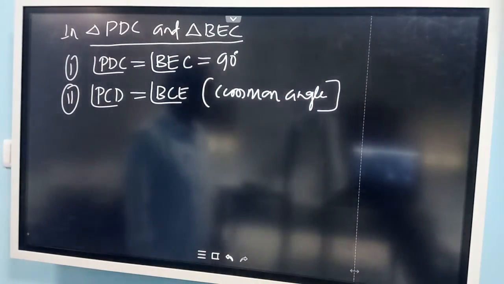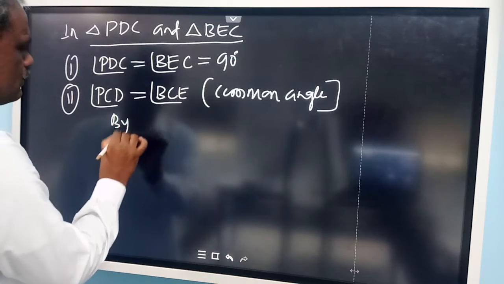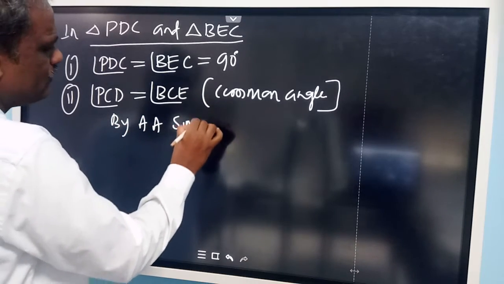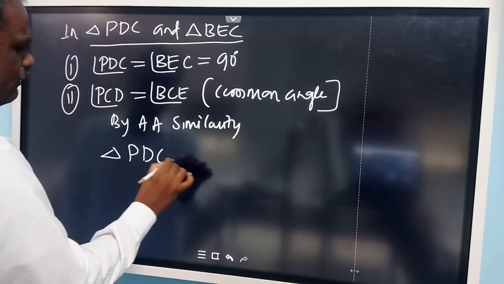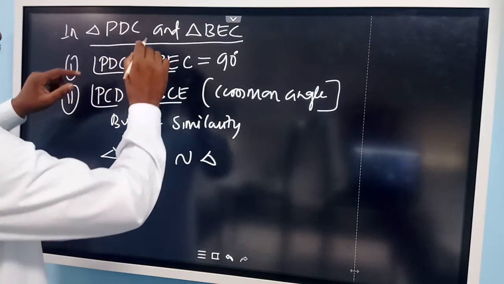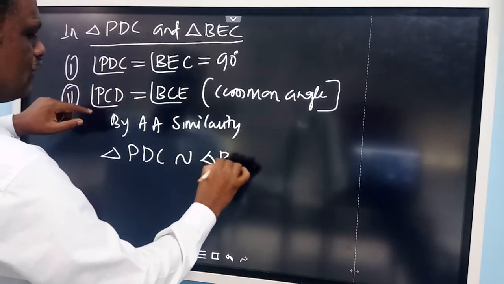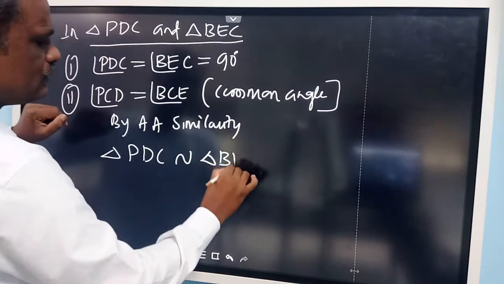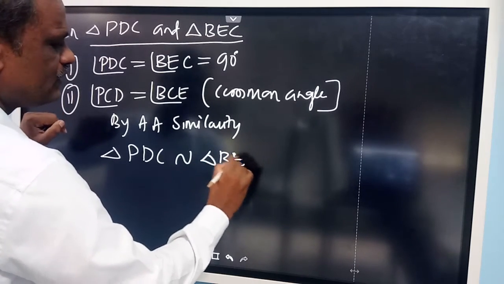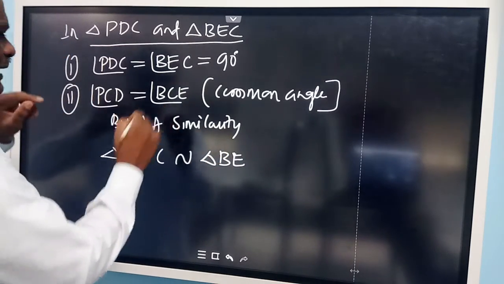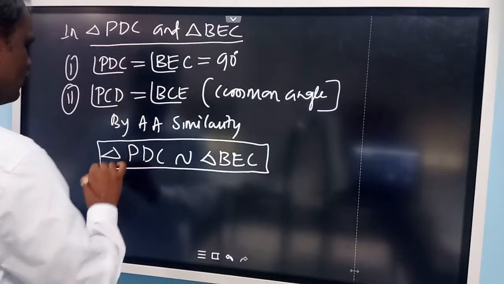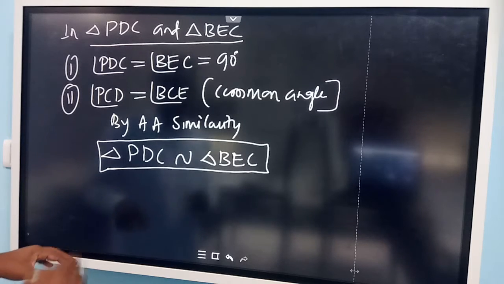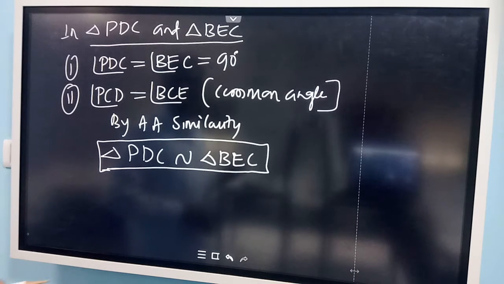So again, by AA similarity, we can write triangle PDC is similar to triangle BEC: for P it must be B, for D it is E, and C and C are common angles. So therefore PDC is similar to BEC. We proved all the triangles similar.